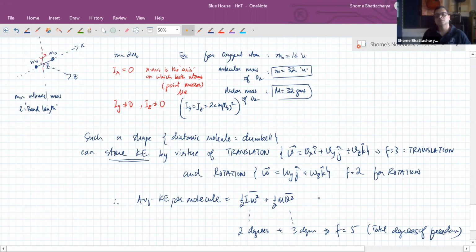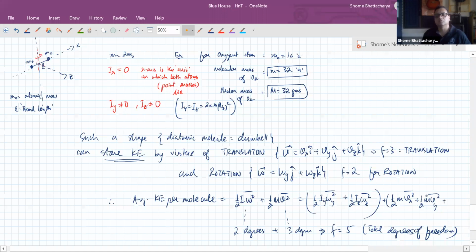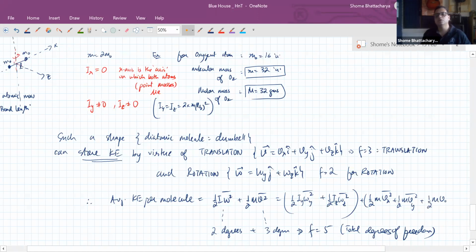Further, you can write it like this: rotation about the y-axis, rotation about the z-axis, whereas translation you can partition into 3 degrees of freedom like this. Now, according to the law of equipartition of energy, each of these partitions has 1 by 2 kT.